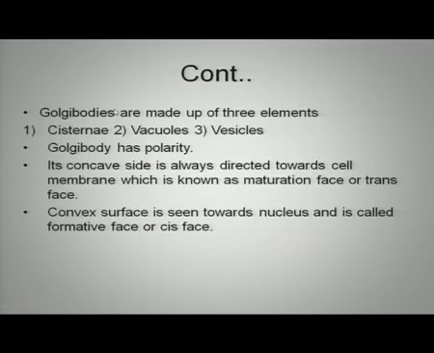Golgi bodies are also made up of 3 elements: cisternae, vacuoles and vesicles. Here you can see the diagram of a Golgi body.